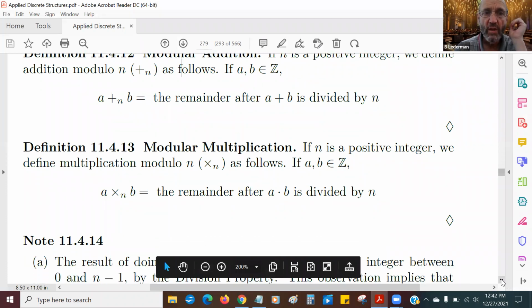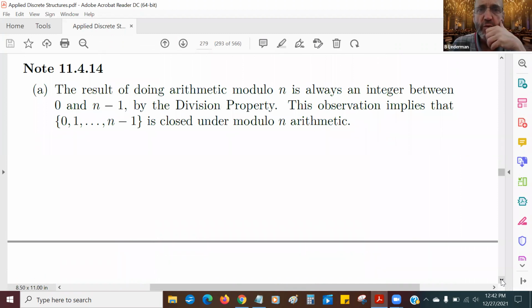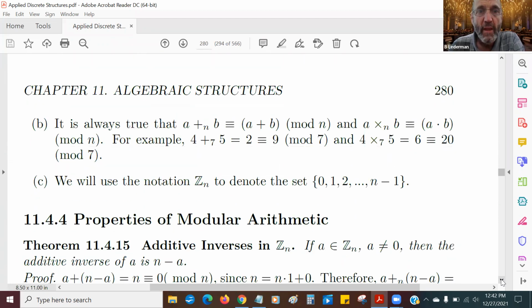So now whenever I do modulo n, I'm basically getting a number. If I'm dealing with mod 5, the numbers I'm going to get are 0, 1, 2, 3, 4. 5 is already 0 again. So when I do mod 5, those are the numbers I'm always going to get.